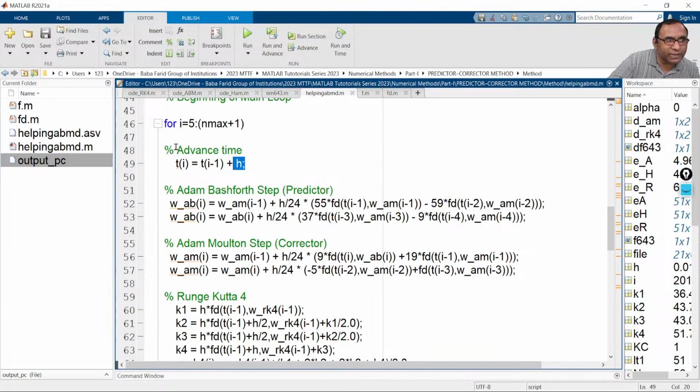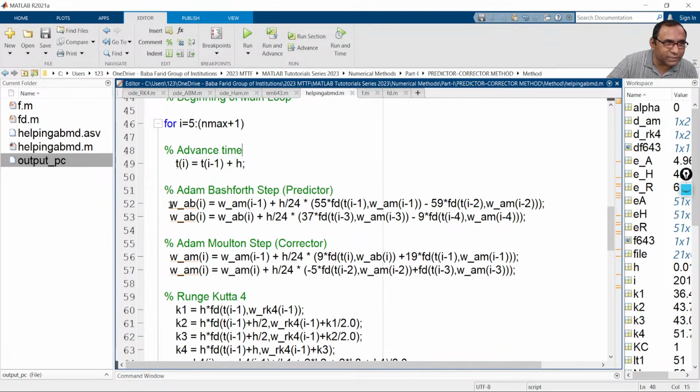In this way, for all the points of the interval, which is 0 to 2, after dividing into sub-intervals, we will apply a for loop for all the points to get the values. This will give us the vector for time.